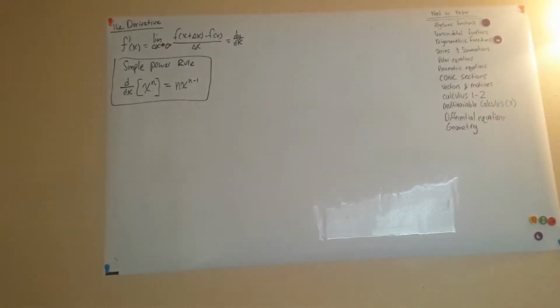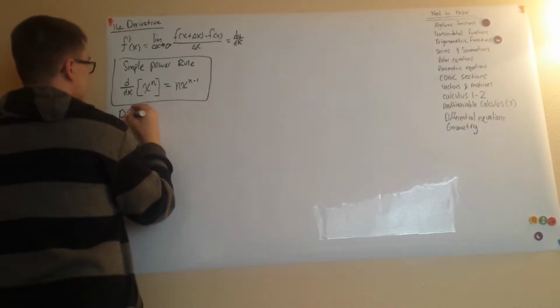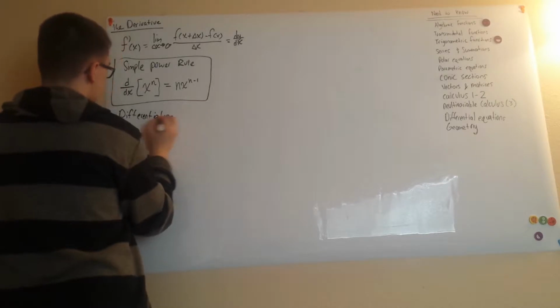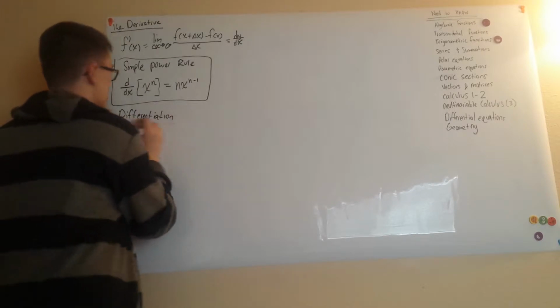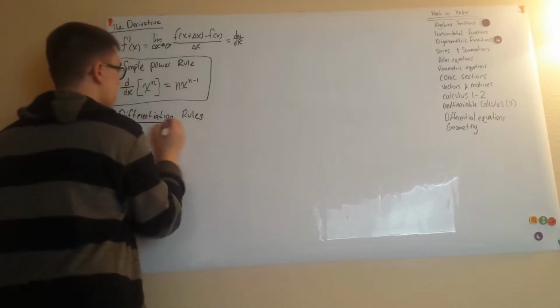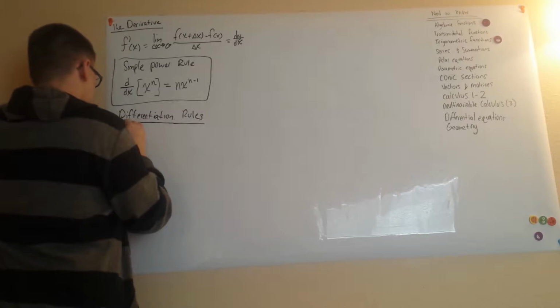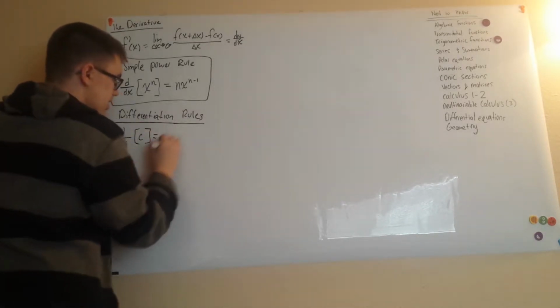There are more rules we get introduced to. So here are the differentiation rules. The process of finding the derivative is called differentiation. So if I take a derivative of a constant c, that's 0.